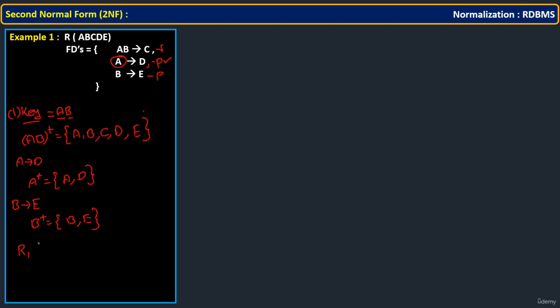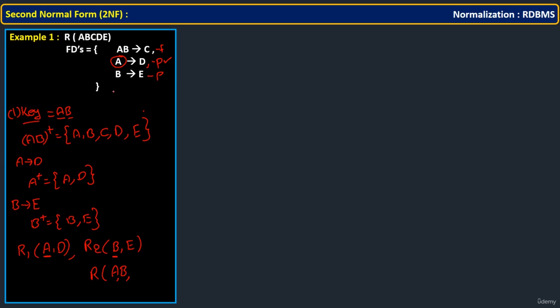So what is going to happen? Relation R1 is going to become AD, and here the primary key is A. Underline that also. And relation R2 is BE, another table, and here the primary key is B. And the original table R: AB definitely is going to be there, along with attributes which are not covered in both.